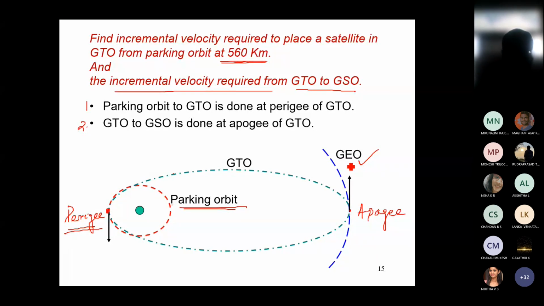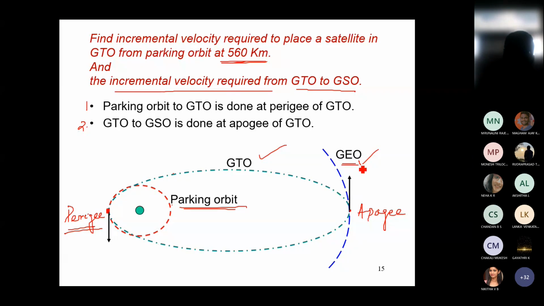When we calculate the velocity at apogee, particularly for the GTO orbit, you have to keep in mind that this GTO orbit is an elliptical orbit, and you have to use the formula of velocity for an elliptical orbit.